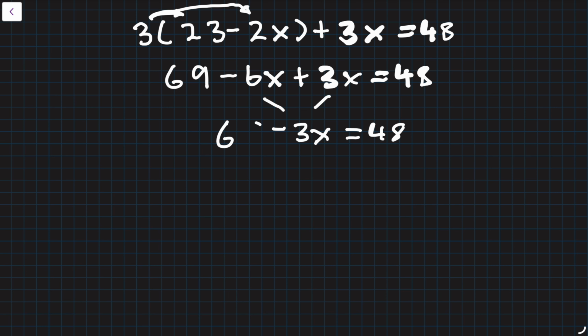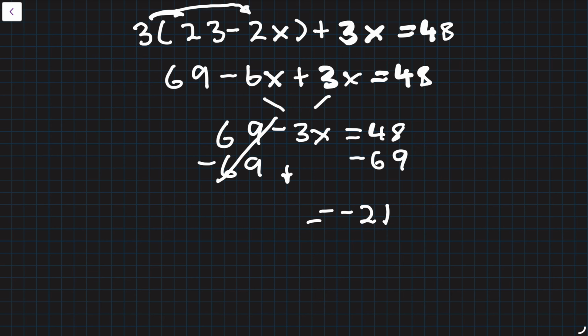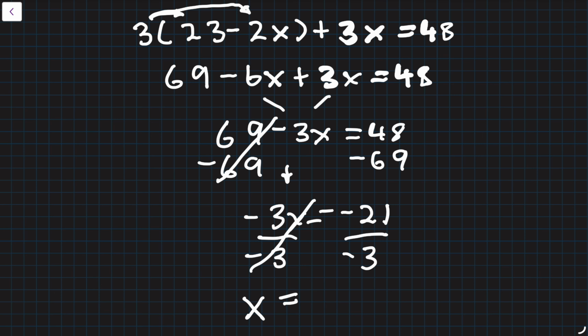So you're going to do negative 69 onto both sides. So 48 minus 69 would be negative 21. You bring down the negative 3x, and then you divide by negative 3, and negative 21 divided by negative 3 would be 7, and that would be your final answer.